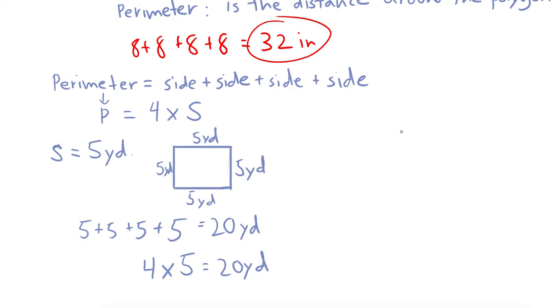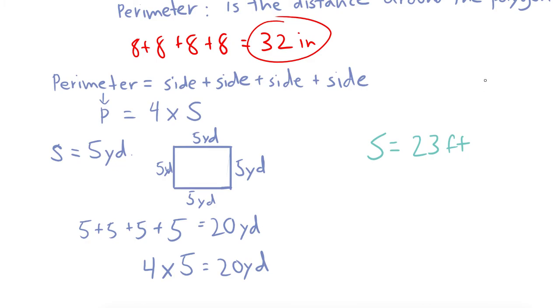So let me change colors. If S equals, let's say, 23 feet, and I told you to find the perimeter of the square if one side equals 23 feet, what do you do? How do you figure it out? Well, we can use this method, side plus side plus side plus side, right?